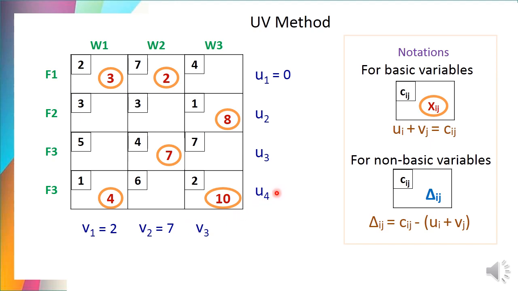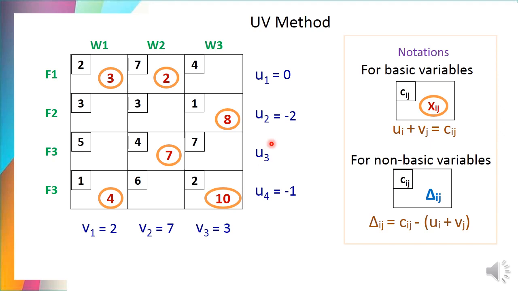Upon getting these two values of v1 and v2, we can get some other values also. So for example, let us consider u4. u4 plus v1 gives you 1. So 2 plus u4 is equal to 1. That means the value of u4 is equal to minus 1. Now let us get the values for some other values, say u2. v3 plus u2 is equal to 1.